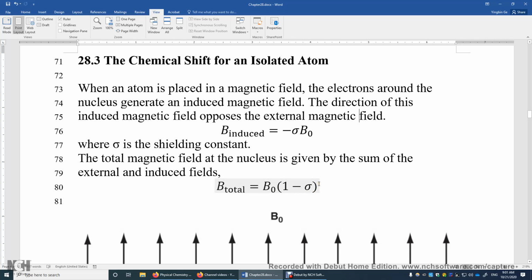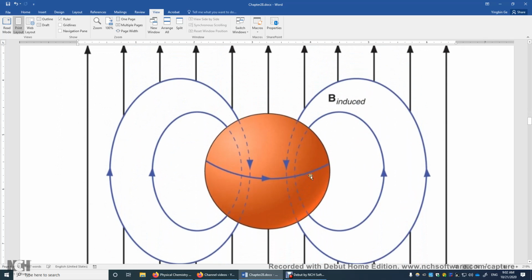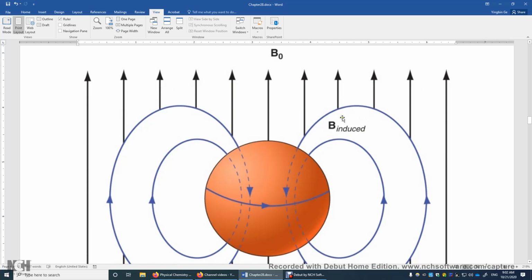I think this sigma is usually 10 to the power of negative 5-ish. So this number is 0.99999-ish.